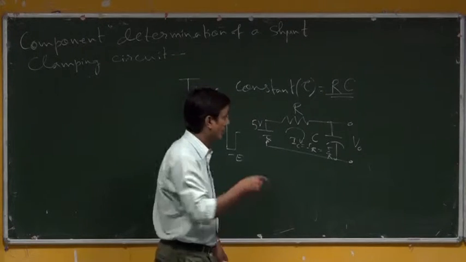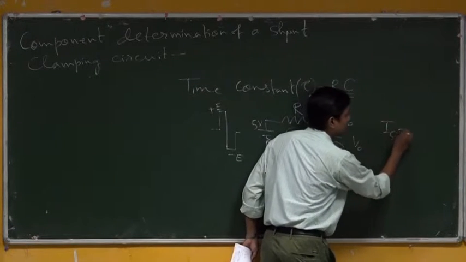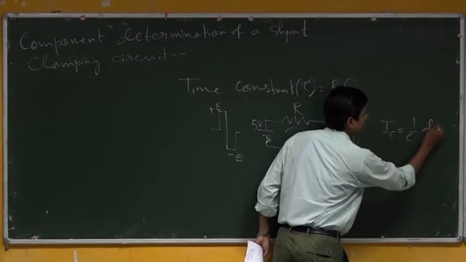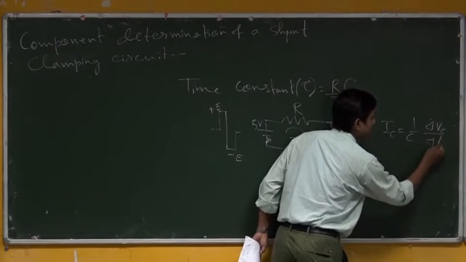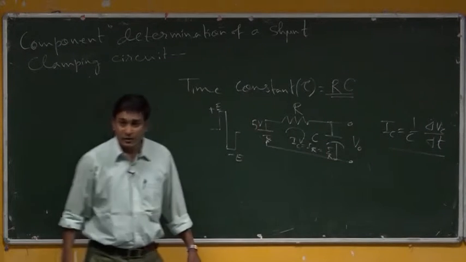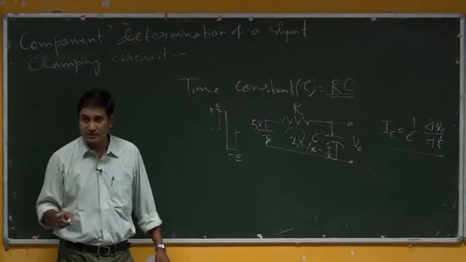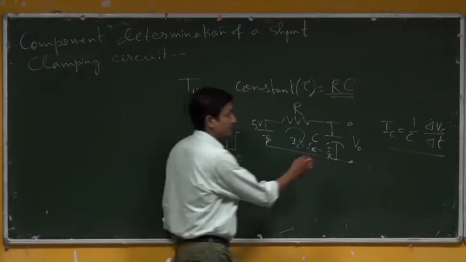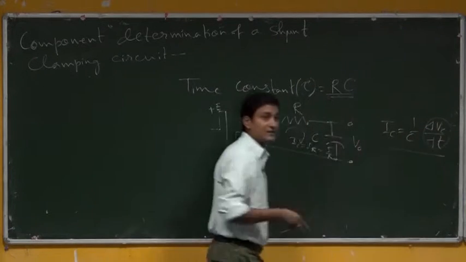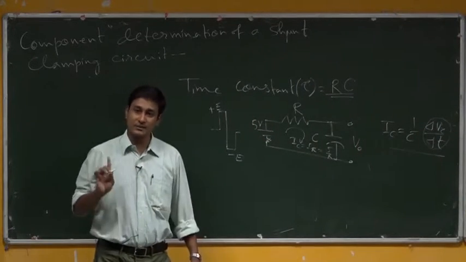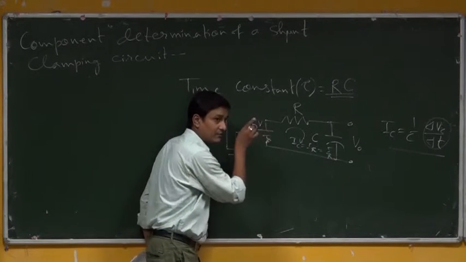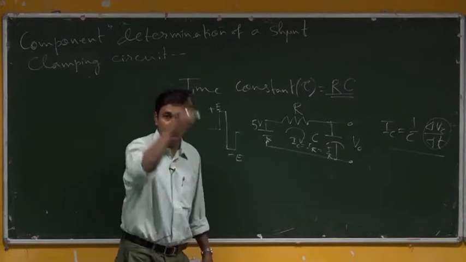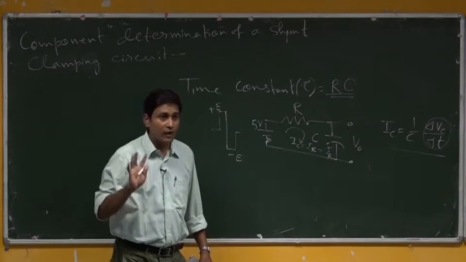For that, you have to go for this equation, which is the continuity equation for a capacitor, where if there is a rate of change of potential, current through the capacitor is possible. What is the rate of change here at the very beginning when it is going from 0 to 5 volt?